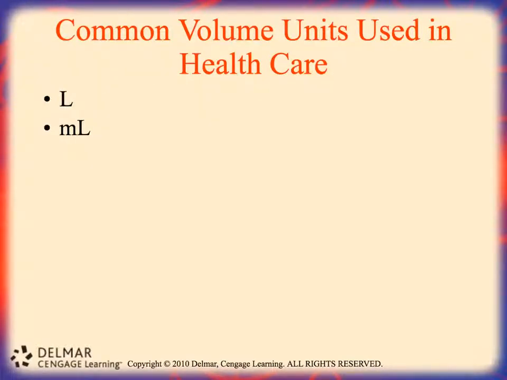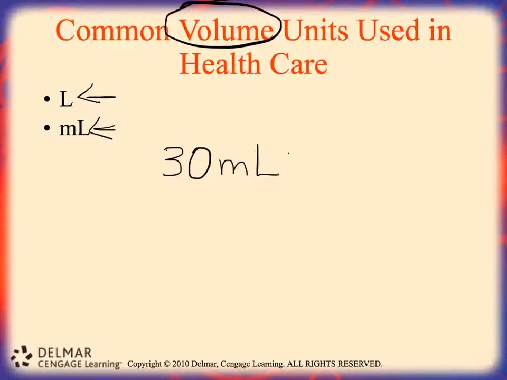The common units that you will use for volume are going to be your liter, which is your basic unit of measure, and then smaller than that is your milliliter. One thing you will have to memorize is that 30 milliliters equals 1 ounce.